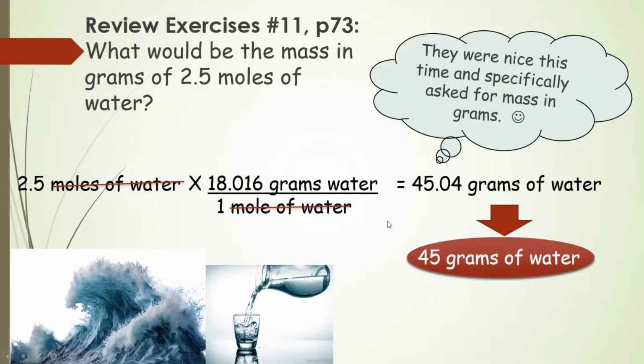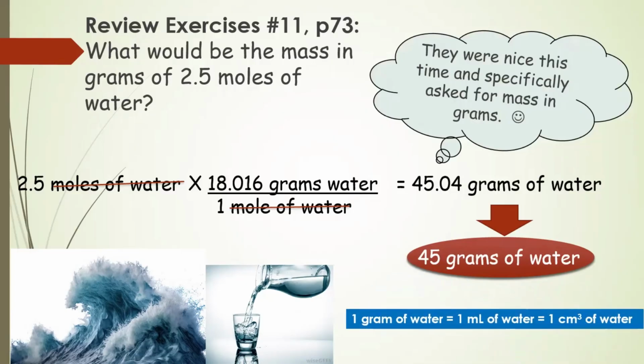If you remember, we've talked about it a few times in lab class: 1 cubic centimeter or 1 milliliter of water weighs 1 gram. That is just amazing about water.